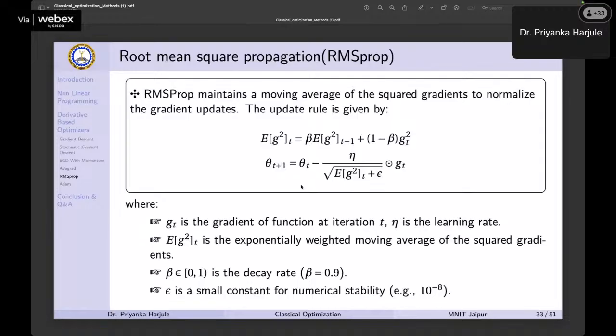At one point AdaGrad will stop the learning process because the gradients are accumulating and become very large, and hence the entire step size becomes very, very small.